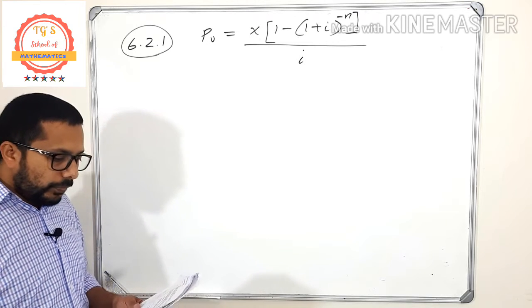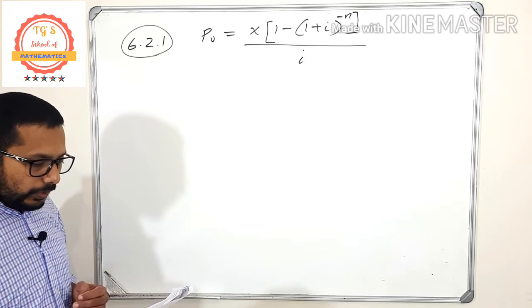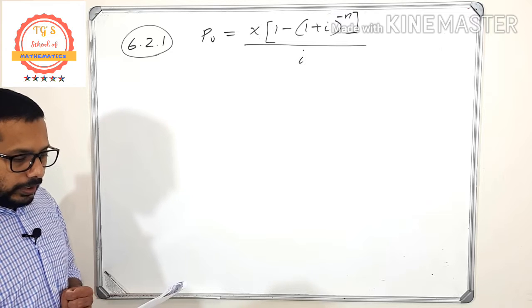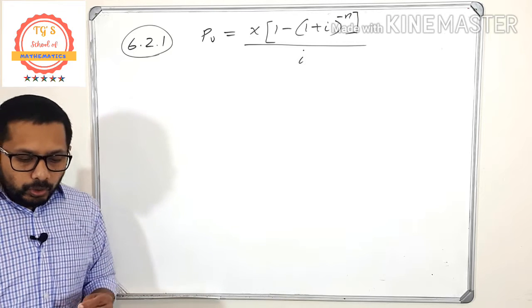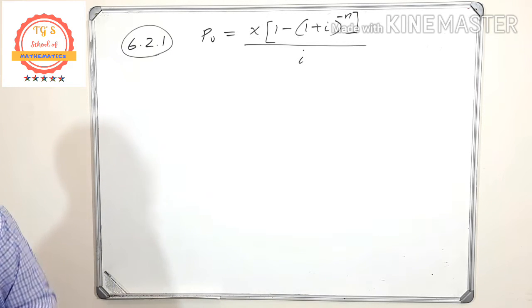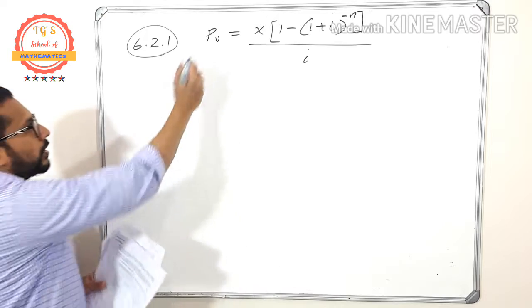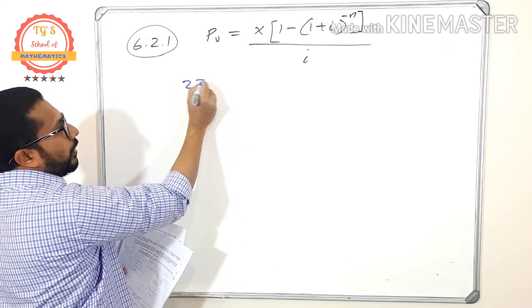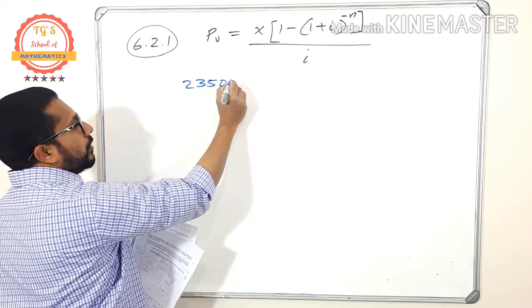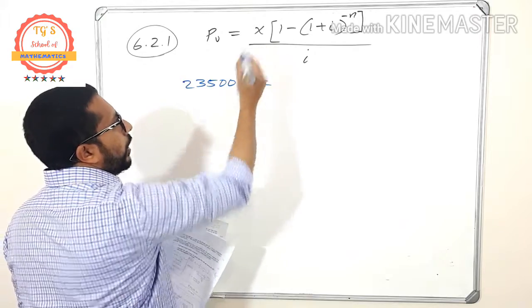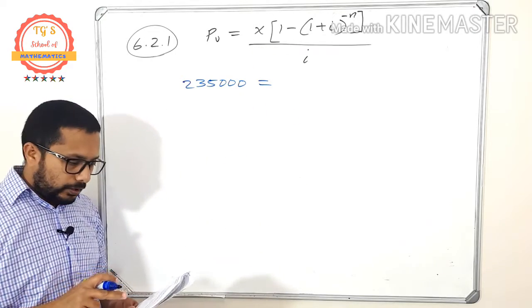Okay. Now, what are the given things? It's a loan, and what is the loan? 235,000. So I'm going to substitute the values now. Present value, that means 235,000 is equal to x. What is the question there?